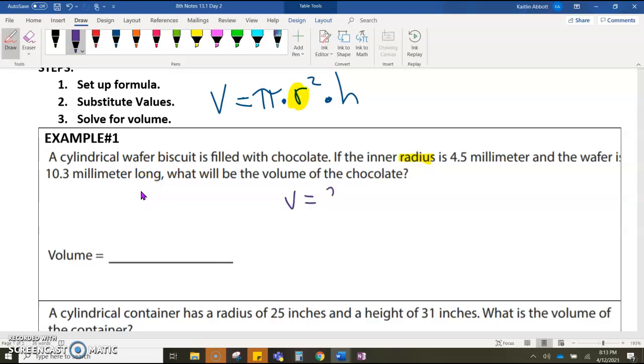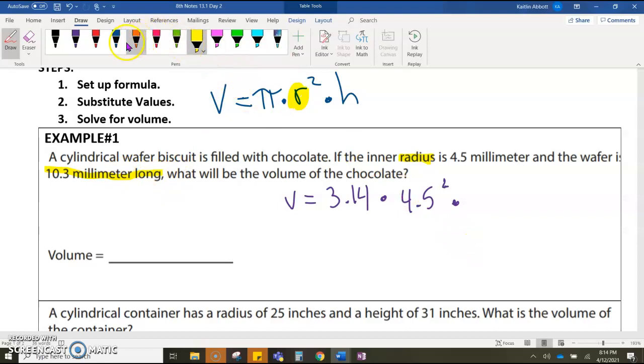So I got volume equals pi. Remember, pi is 3.14 times radius. It says the radius is 4.5, so I got 4.5 squared times the height. How tall is this wafer biscuit? It is 10.3 millimeters long.